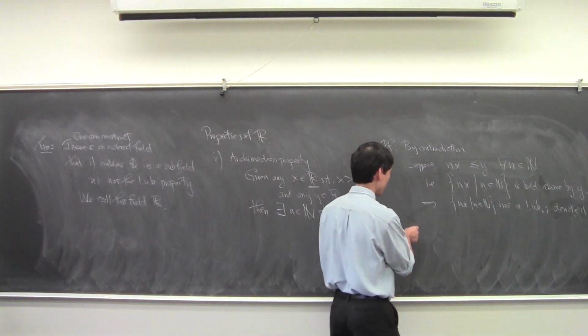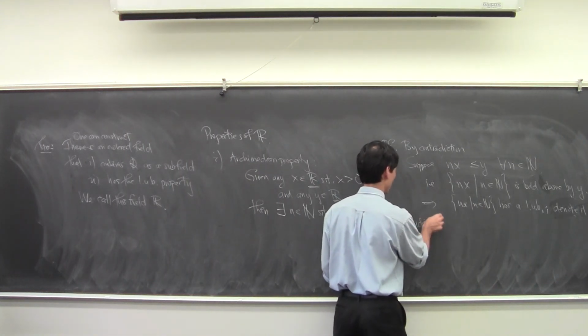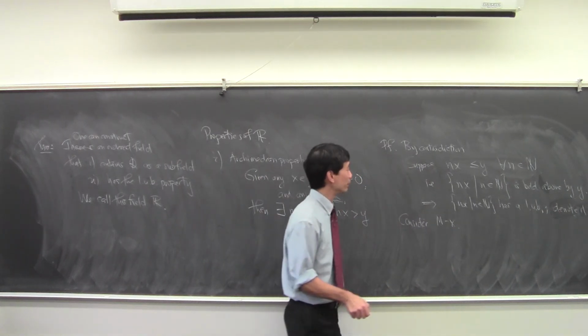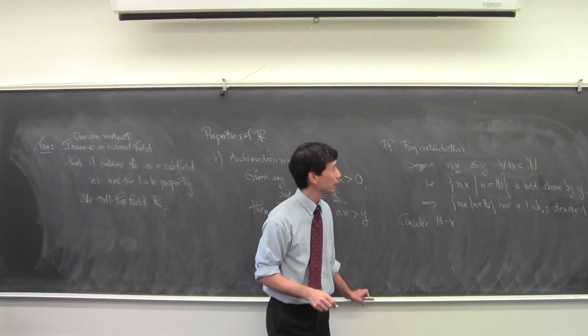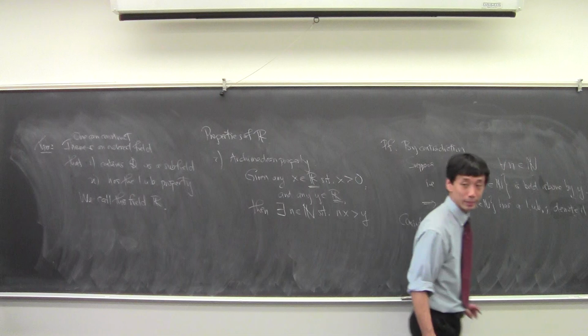So now comes the sort of clever part. Consider m minus x, where x is the size of the spoon. X is the spoon.